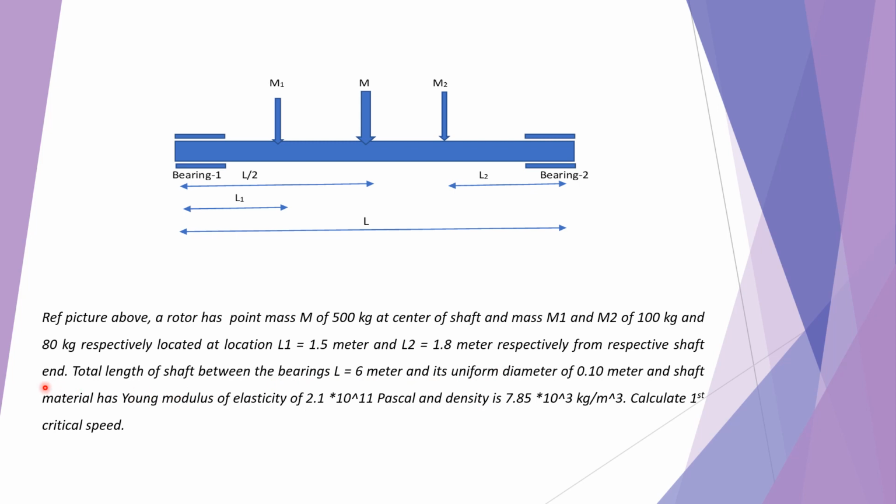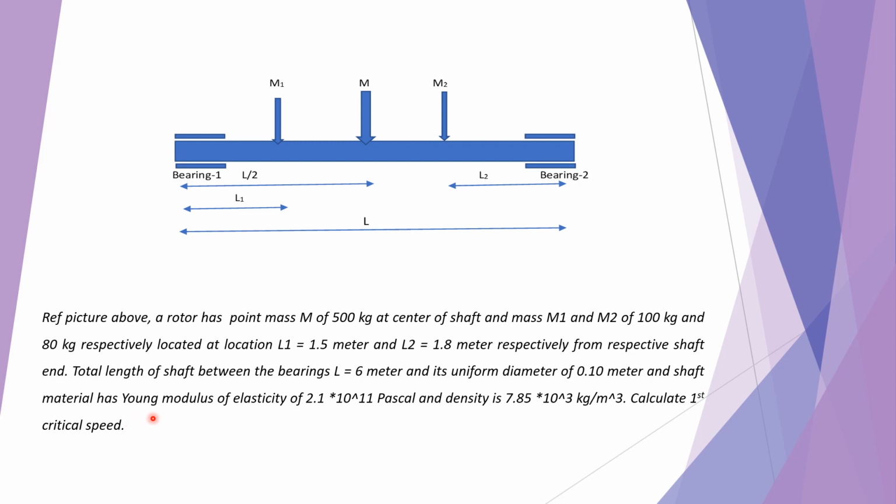The total length of the shaft between the bearings is 6 meter, that is L is 6 meter, with a uniform diameter of 0.10 meter.